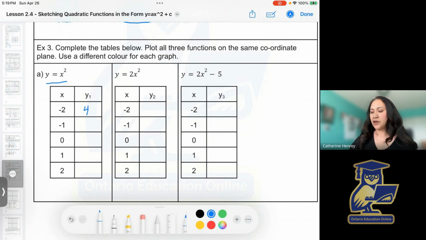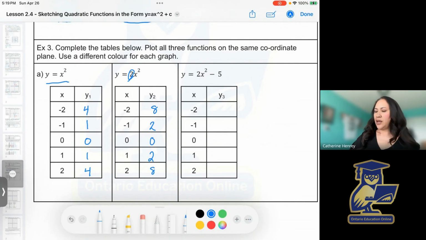For our parent function, y equals x squared, we have 4, 1, 0, 1, 4. And if we introduce an a of 2, we have to multiply all those values by 2. So we will have 8, 2, 0, 2, and 8.